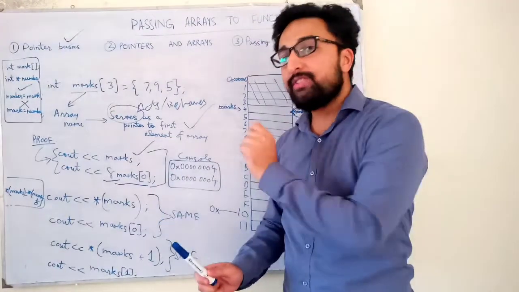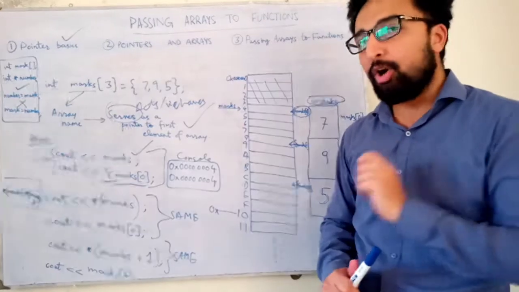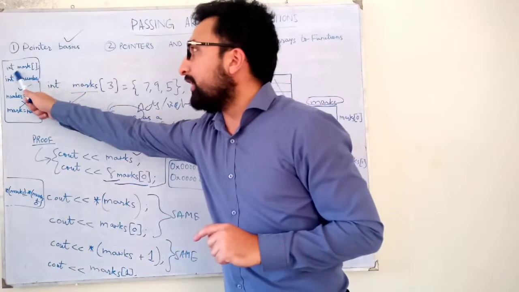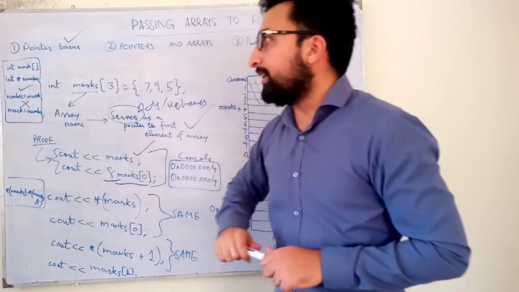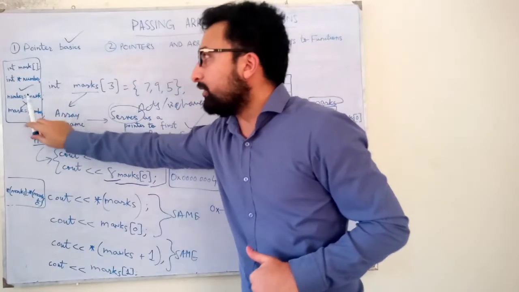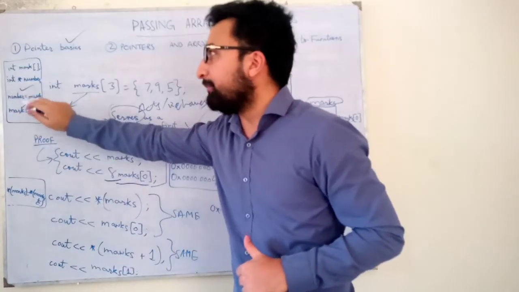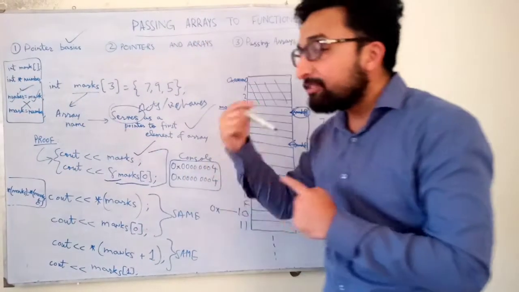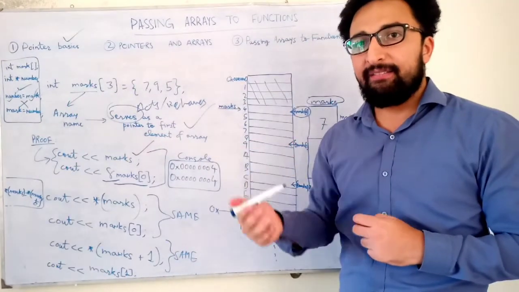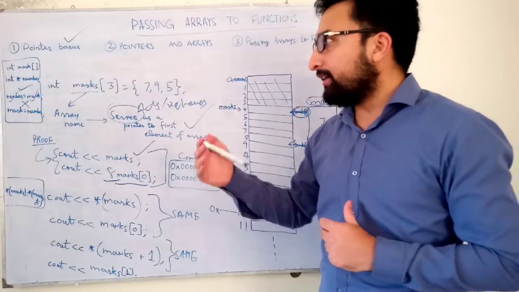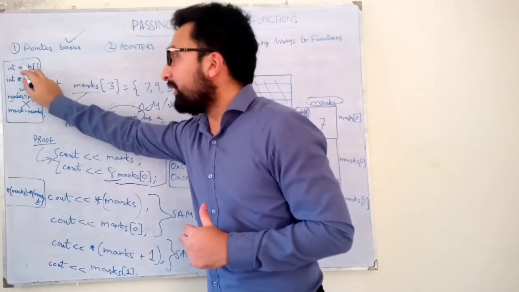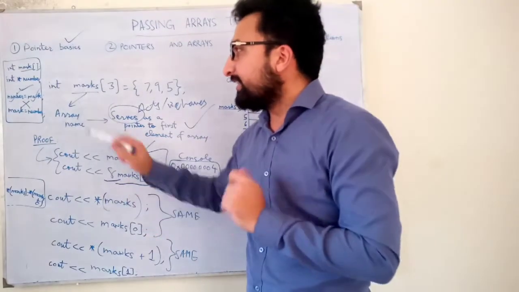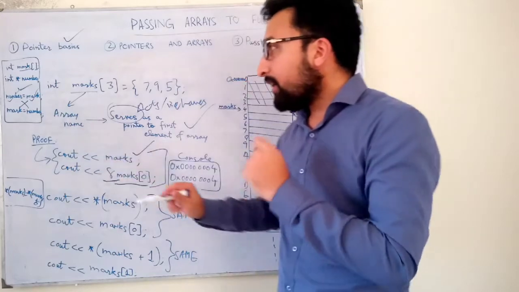However, it serves as a pointer to the first element of the array because it can do a lot of similar things. And that is apparent from here if we define an array and if we define a pointer, and if we equate number to the name of the array, number being a pointer variable. If we equate number, that is a pointer variable, to the name of the array, that is serving as a pointer to the first element of the integer array named marks, then we can do that.